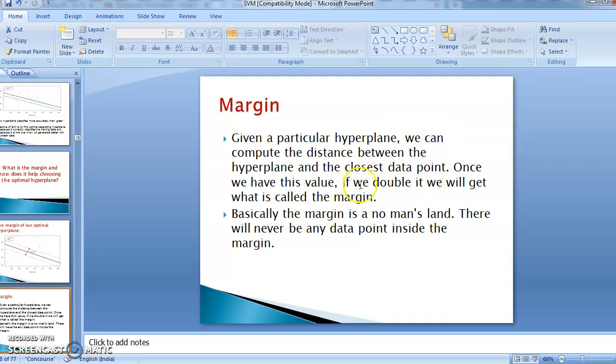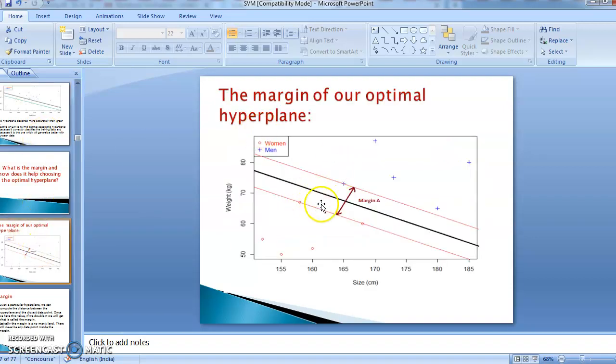So given a particular hyperplane, we compute the distance between the hyperplane and the closest data point. Once we have this value, if we double it, what we get is called the margin, equally distributed. You can clearly see that these two data points are on the boundary line, so the margin covers the boundary line.